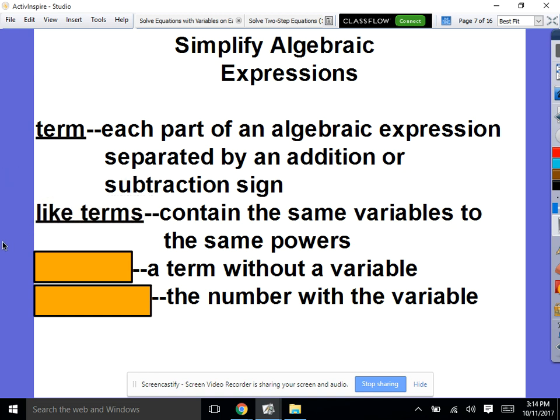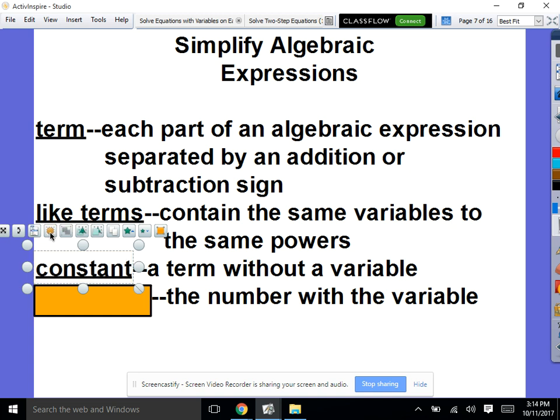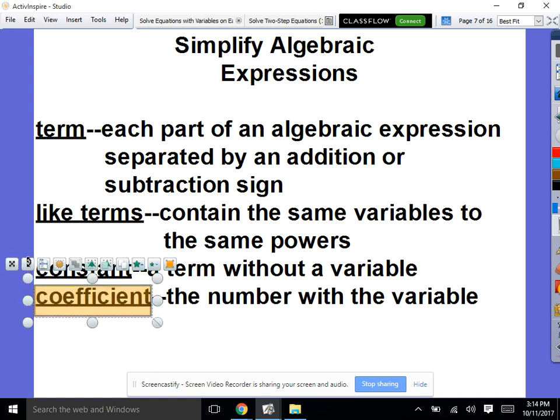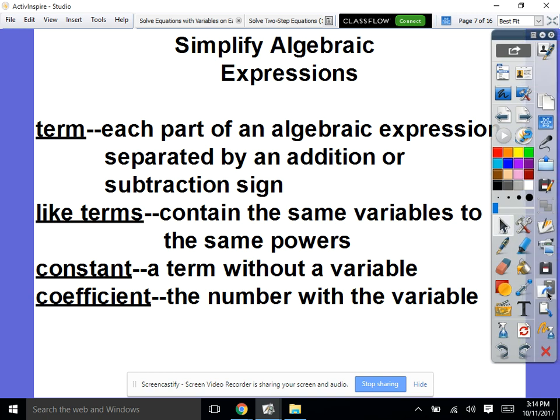Like terms contain the same variables to the same powers. A term without a variable is a constant. We have looked at that before in previous lessons. And then the number with the variable is the coefficient. So take some time, pause the video, and write those down.